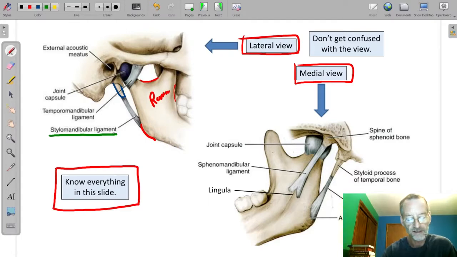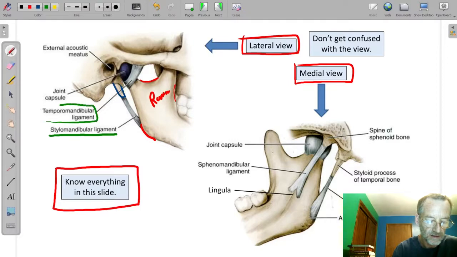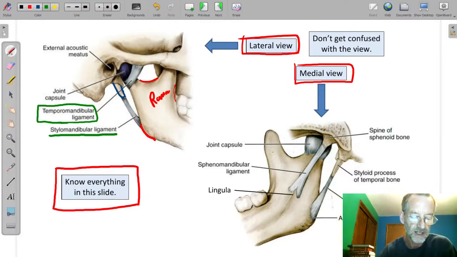It assists and helps prevent excessive protrusion. It sort of goes taut when the mandible is depressed. And then there is the temporomandibular ligament, the ligament of the TMJ, and it helps to form sort of this lateral portion of the capsule.